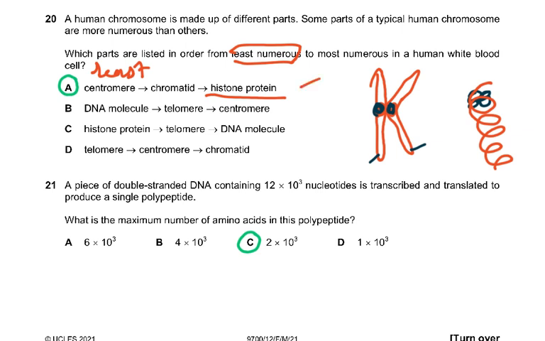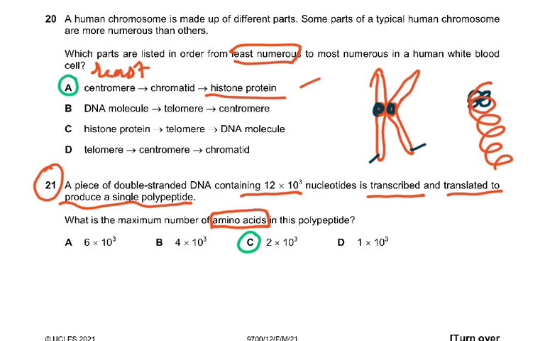Then question number 21. A piece of double-stranded DNA containing 12 into 10 raised to the power 3 nucleotides is transcribed and translated to produce a single polypeptide. What is the maximum number of amino acids in this polypeptide?